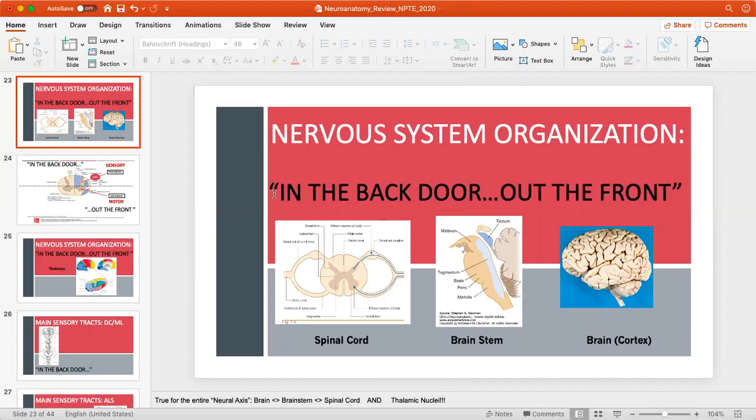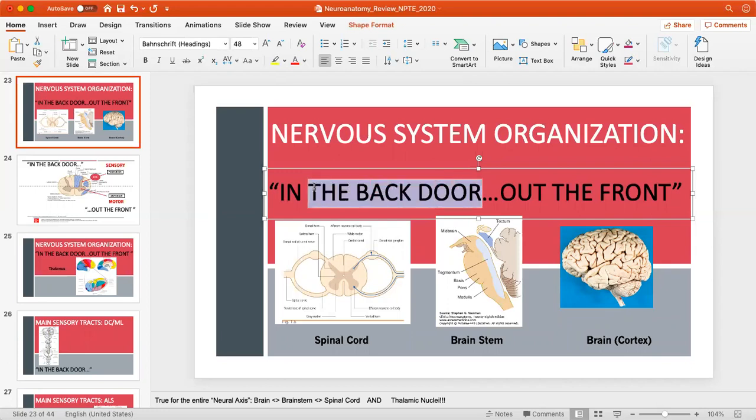So what I tend to think of is the same in the back door, out the front. What I mean by that is that sensory information tends to come in the back door, or the structures that provide sensory innervation tend to be posterior. And that holds true in the brain, the brainstem, and also the spinal cord. So if we see the dorsal root ganglia or the posterior root ganglia, that's sensory information. So that's coming in the back door.